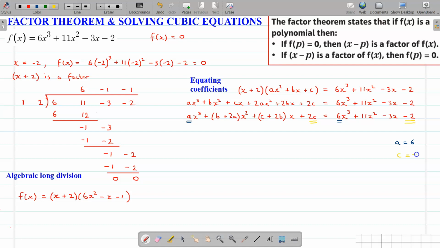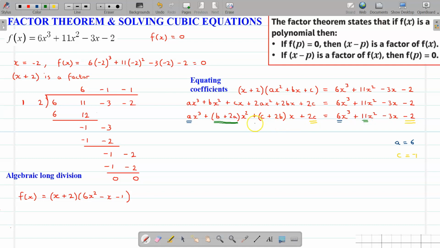Okay, and now in a different color again, we will look at this term here. We can look at the b plus 2a, and we can match it to the 11 here.